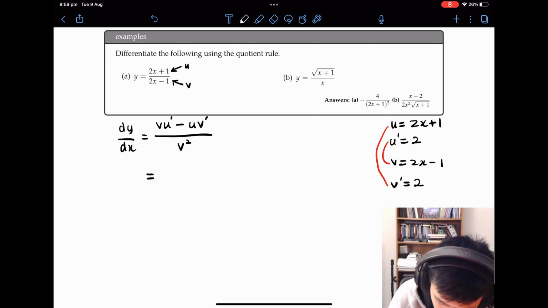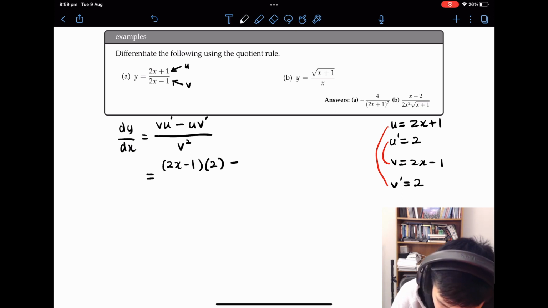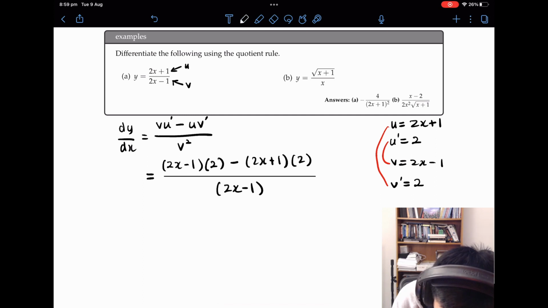So we've got vu, uv on the top, so we've got v, 2x minus 1, times u', 2, minus u, 2x plus 1, times v', 2, divided by v squared, which is 2x minus 1 squared.